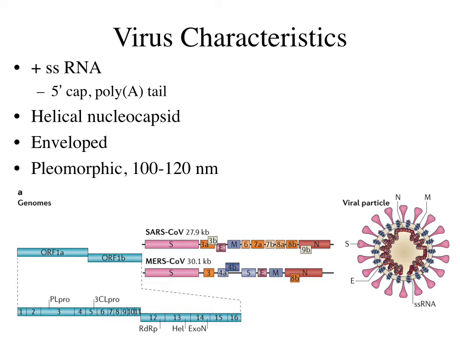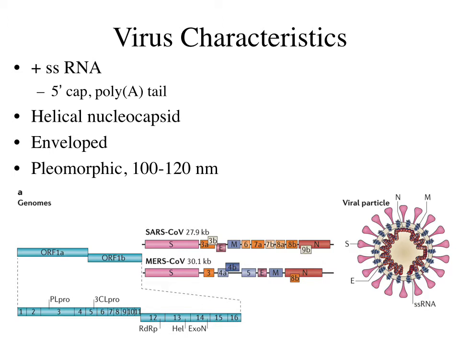The single-stranded RNA genomes of severe acute respiratory syndrome coronavirus and Middle East respiratory syndrome coronavirus encode 2 large polyproteins, PP1A and PP1AB, which are proteolytically cleaved into 16 non-structural proteins, including a protease and the RNA-dependent RNA polymerase, also a helicase and an exonuclease.